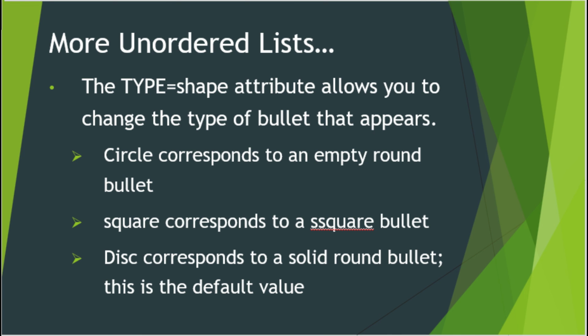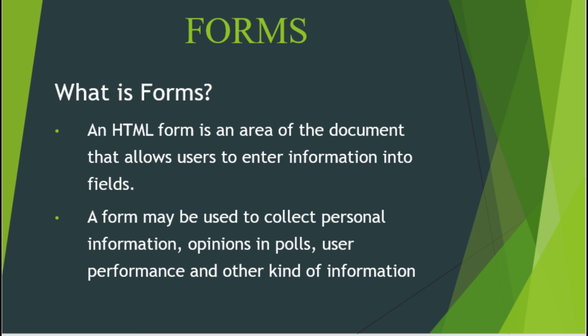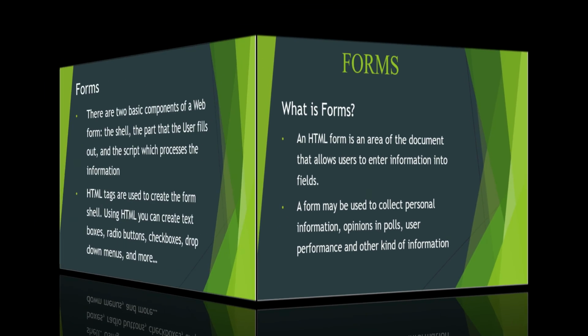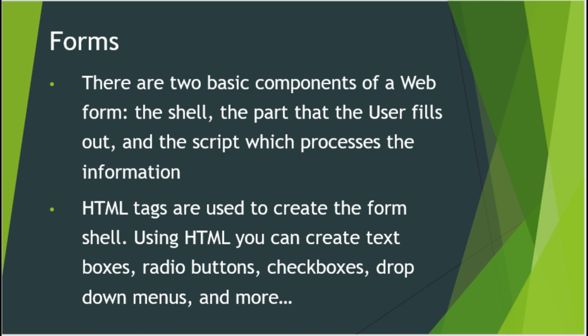Next one, what are forms? Forms are used in HTML. An HTML form is an area of a document that allows the user to enter information in fields. It contains a number of components: you can create a text box, radio button, checkbox, drop down menu, and more.